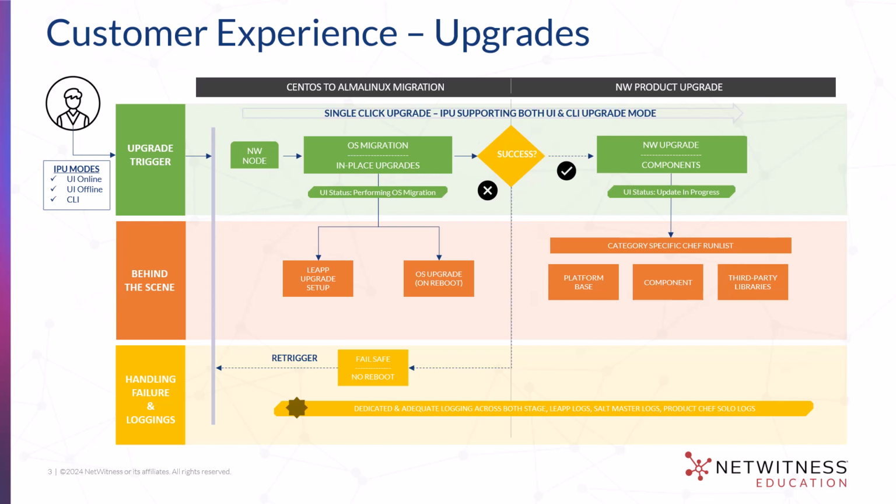Once this migration is successful, it then proceeds to perform the NetWitness upgrade, where each of the individual components continues to upgrade as it would in any other context. There's also a failsafe in place, thanks to the LEAP framework: if there are any hiccups with the LEAP upgrade process, it would not proceed to the NetWitness upgrades, but would go into a failsafe and re-trigger the OS upgrade. This would happen until we get a successful state from the OS migration.